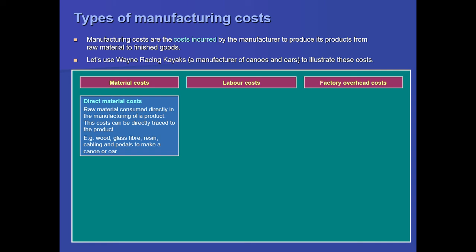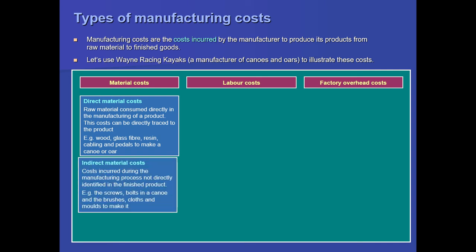And under direct labor, obviously, it's people that assemble the whole thing. Under material, we'll also have indirect materials that are incurred during the manufacturing process, but they're not directly identifiable in the finished product. Like the screws. Screws are normally hidden in the body of the canoe, and brushes, cloths, and molds to make it, right?